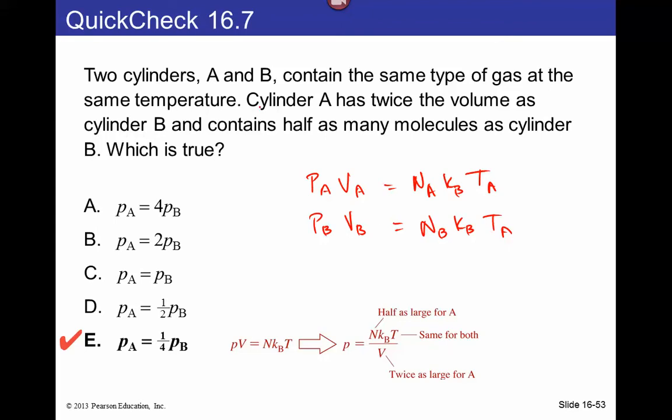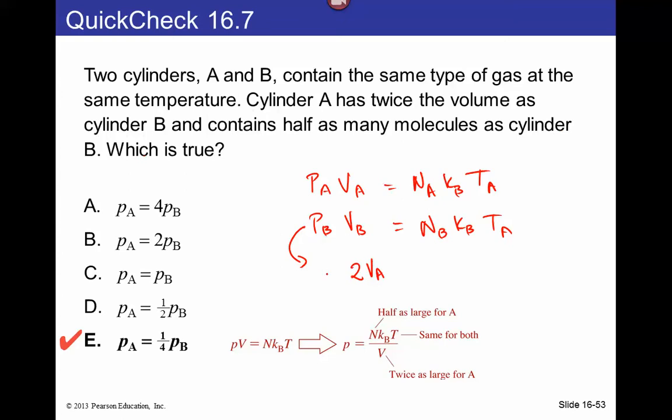Now we are being told that cylinder A has twice the volume as cylinder B. So let's rewrite this as 2VB, since A has twice the volume as cylinder B, and contains half as many molecules as cylinder B, and they are at the same temperature.